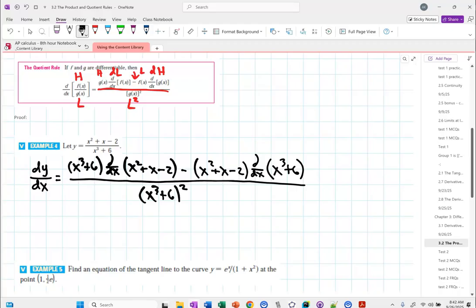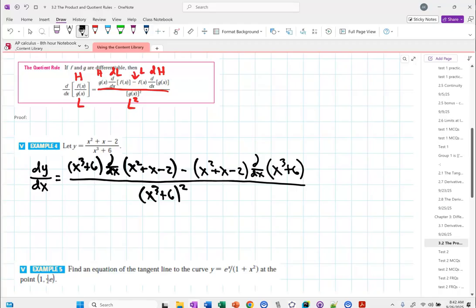You okay with how I plugged the things in here? Give you a moment here to copy and process, because it's a little bit of a complicated rule to get a feel for where things are going and what we're doing. I haven't really done any differentiation yet, right?